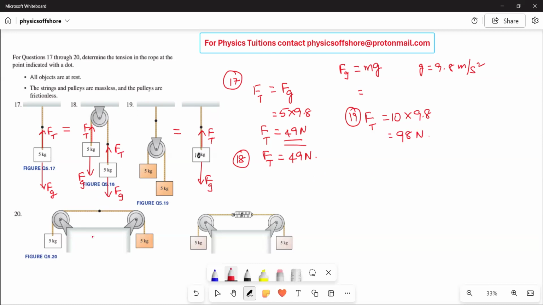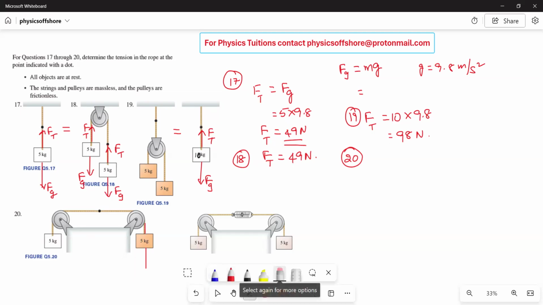Now coming to question number 20. Again, we have to draw the free body diagram. What is the free body diagram here? This is Fg and this is Ft. Then it happens here, it is Ft and this is Fg.